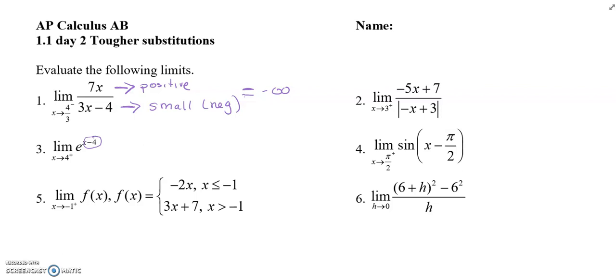It will always be positive because I'm always plugging in numbers slightly bigger than 4, but it's ultimately approaching 0 from the positive side. Any number like e, raised to a power of 0 equals 1. So this limit approaches 1. I'm not saying it equals 1, I'm saying it is approaching 1.